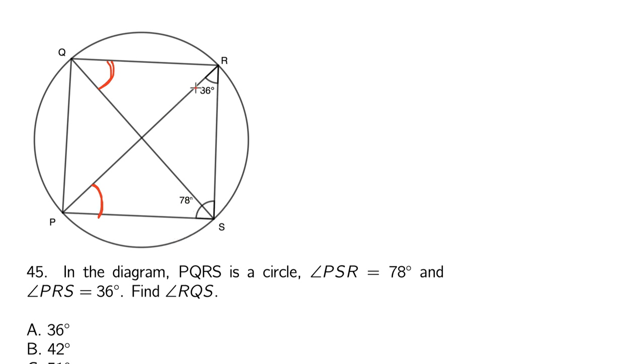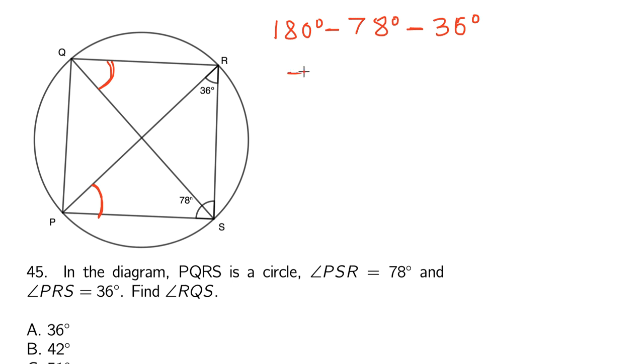these three, 1, 2, 3, are in a triangle and therefore must add up to 180, then we have that this angle, which is the same as this angle, is 180 minus 78 minus 36.